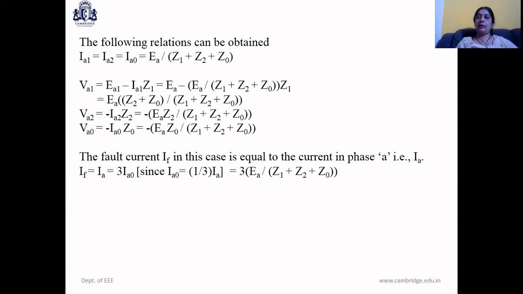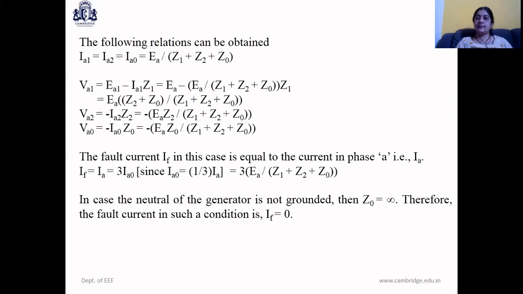Now all the three are equal to 1 by 3 times of IA. Therefore, IA is equal to 3 times of IA0, since IA0 is equal to 1 by 3 IA, this expression we had seen. Therefore, IF equal to IA, which is equal to 3 times IA0. So, substituting for IA0 here, we have IF equal to 3 times EA by Z1 plus Z2 plus Z0.